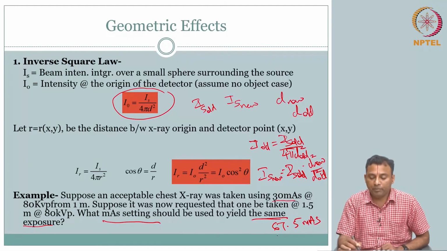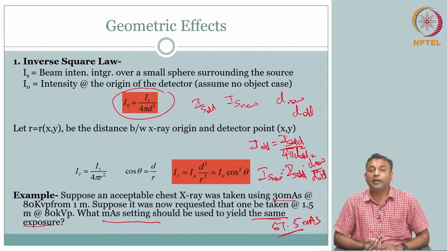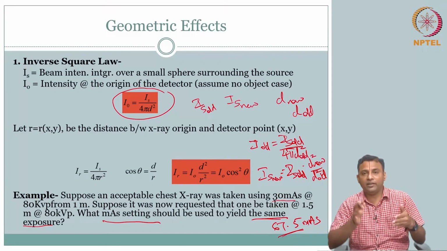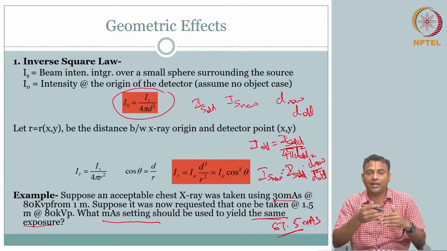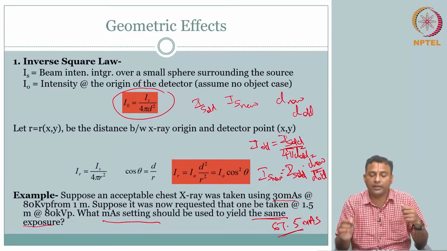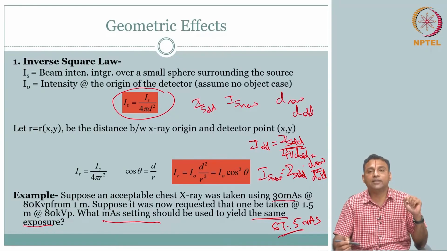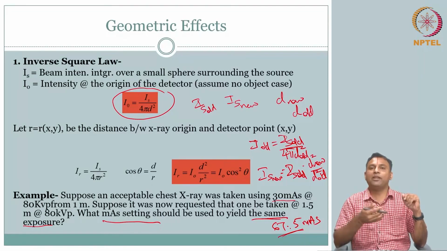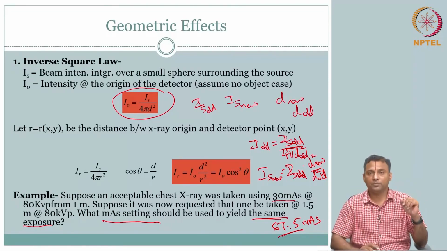Now you have to pump up to 67.5 milliampere second to keep the same exposure, because we know the image quality will depend on the exposure. So I have to operate my X-ray tube at 67.5 milliampere second. Because he is moving back, if I have to have the same exposure, I have to generate more.